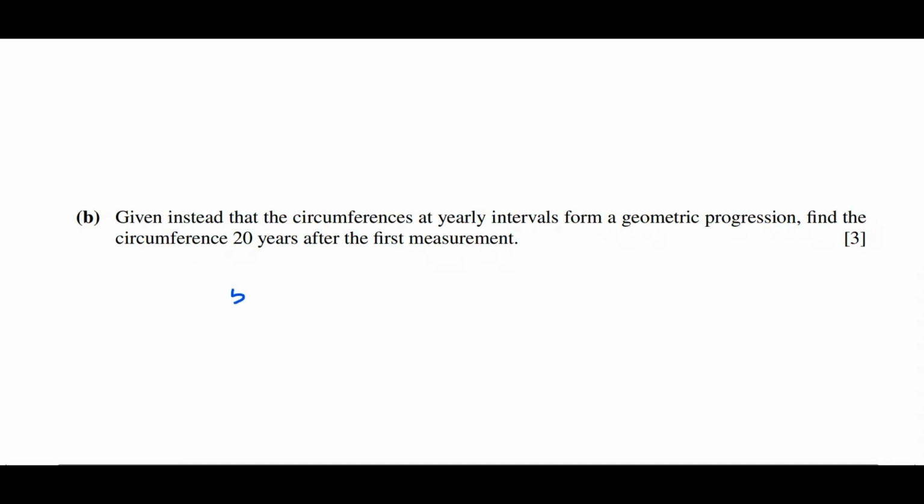And the first term a is 5 and the second term is 5.02. In a geometric progression, the r value can be calculated for any two consecutive terms: the second term divided by the first term.